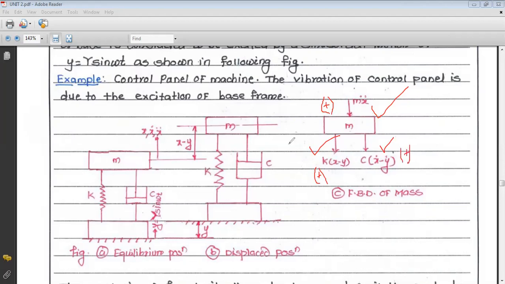So according to the equilibrium method or D'Alembert's principle, we know that the algebraic sum of the forces is equal to 0. So all these three forces sum to 0.